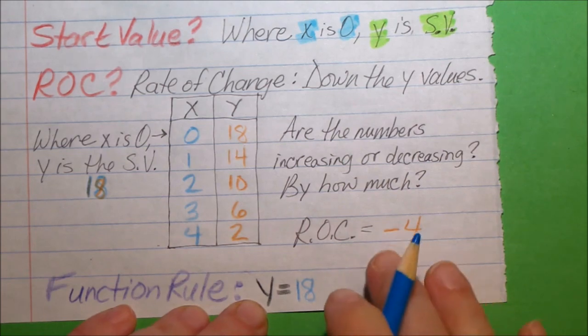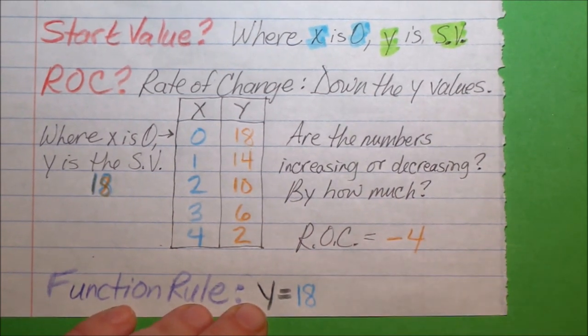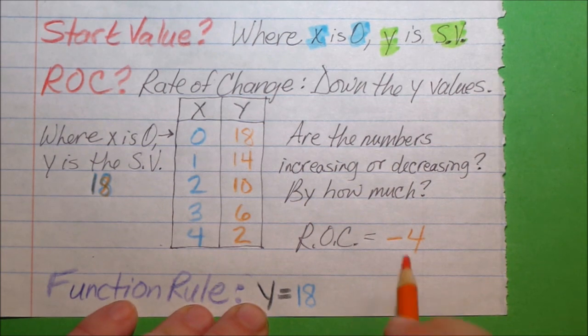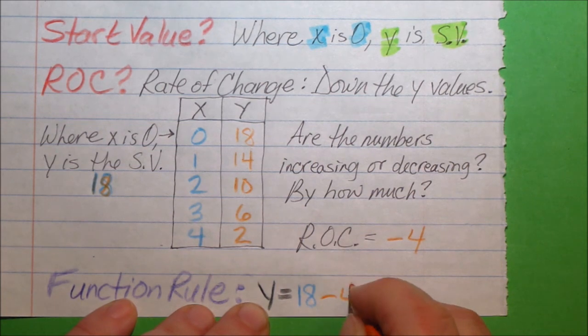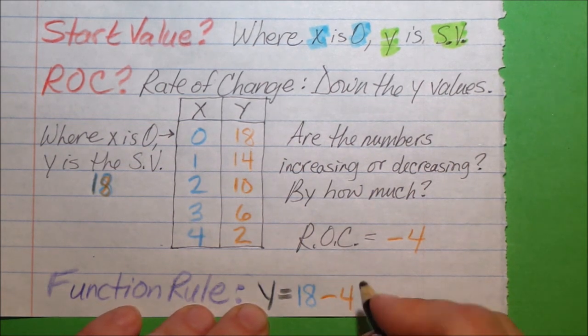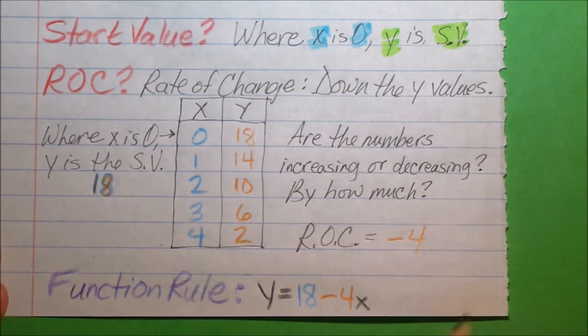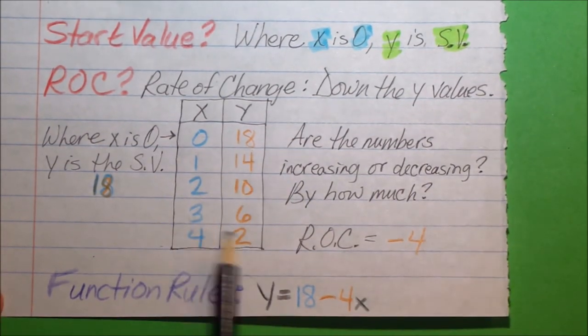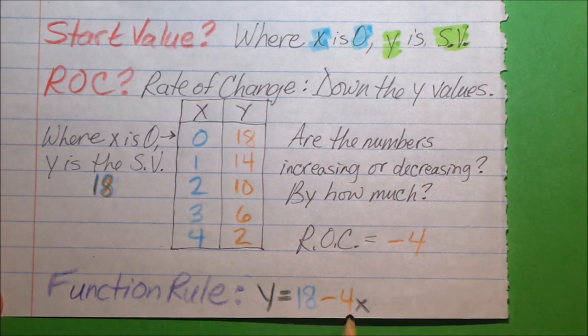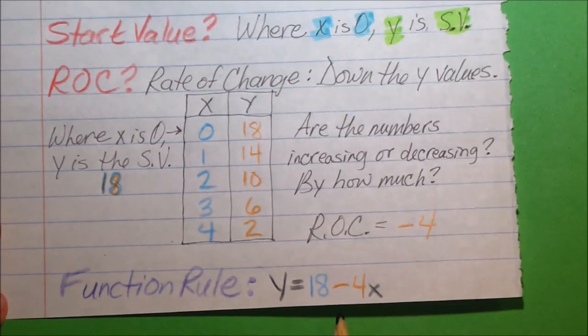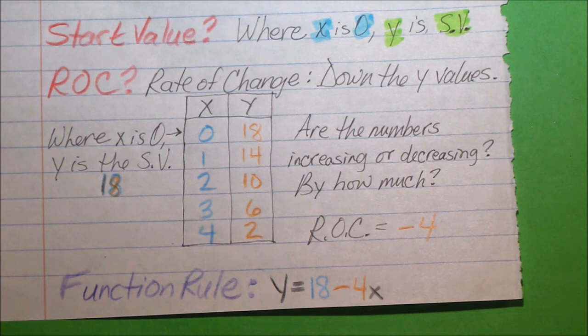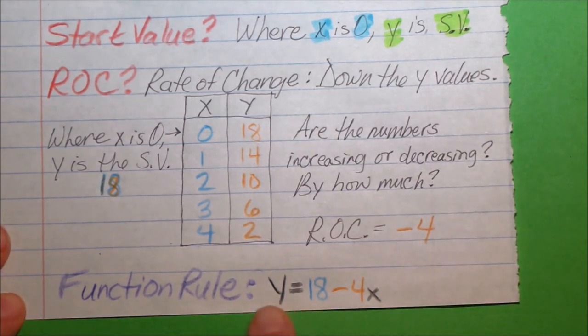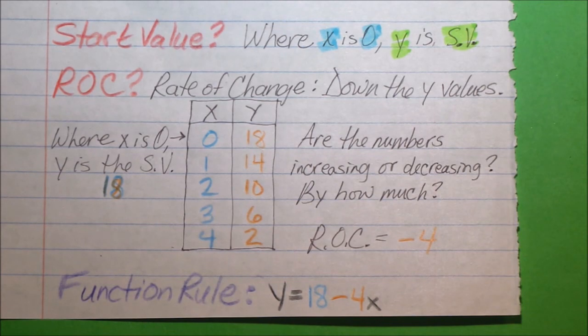We figured that out. And then it's plus or minus the rate of change, and our rate of change is -4. And what does a function rule always end with? Always ends with x. So for this table, the function rule is y equals 18 minus 4x. Right? Okay, so that's the first page of the notes. Now we're going to get some practice on how this all works for us to be able to graph this function rule. All right? So hang on and we'll start the next page.